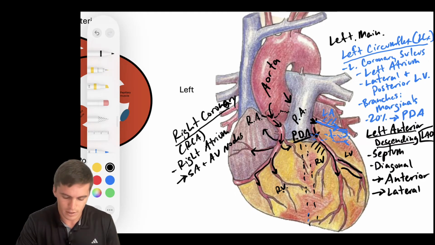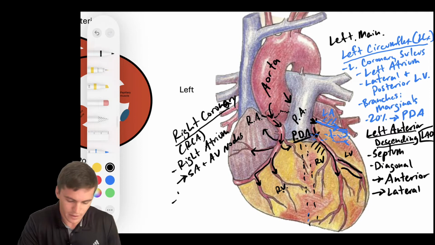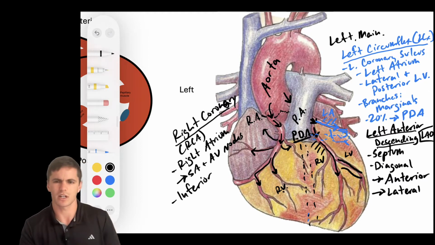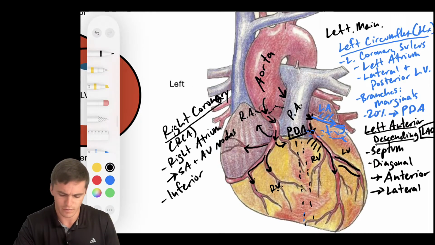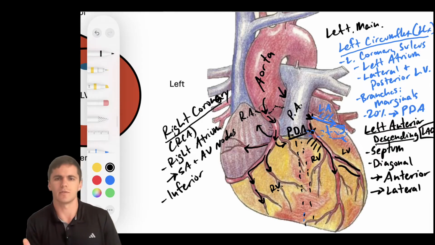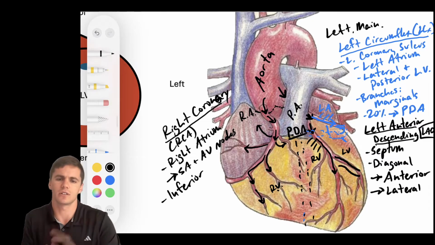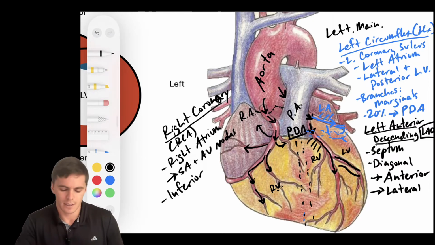It gives off branches to the SA and AV nodes, and then it continues and gives off more branches that supply the inferior myocardium. So it's got a lot of inferior vessels, right? As we see it wrapped towards the bottom of the heart. The left side is more anterior; these are a little bit more inferior.